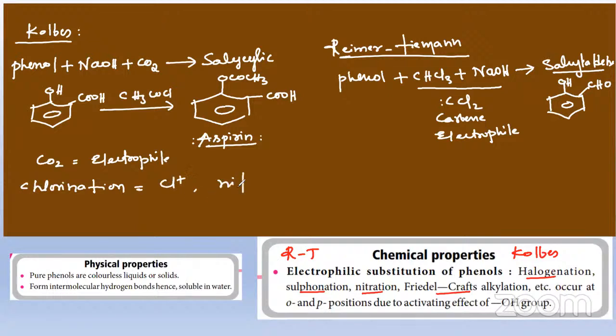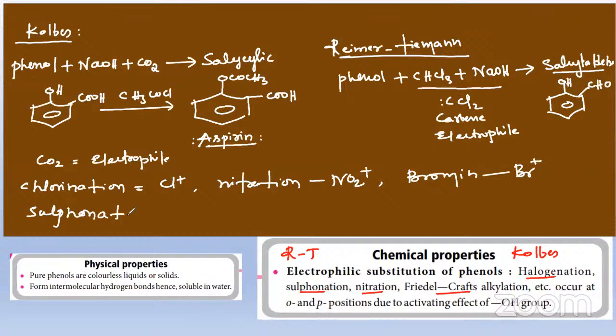In nitration, NO2 plus is the electrophile. In bromination, Br plus is the electrophile. In sulfonation, SO3 is the electrophile, a neutral electrophile. In Friedel-Crafts alkylation, CH3 plus is the electrophile.